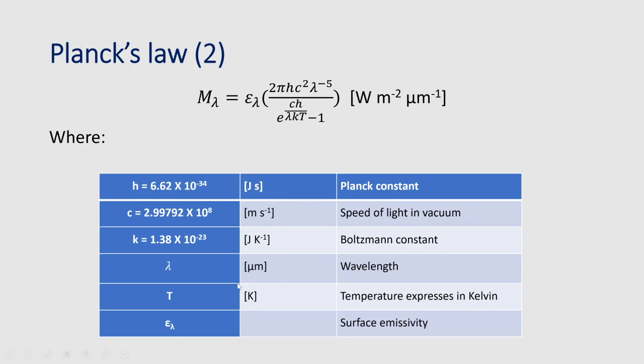Of course, lambda is the wavelength. Capital T, measured in Kelvin, is the temperature, and epsilon lambda here is the surface emissivity, as calculated with the ratio that we introduced before. So epsilon lambda is the emission coefficient for this particular wavelength.